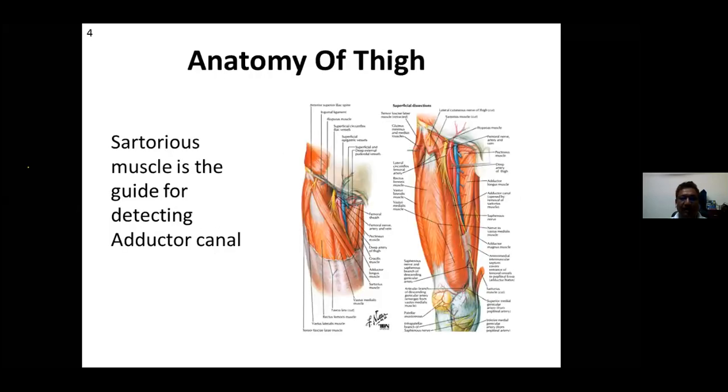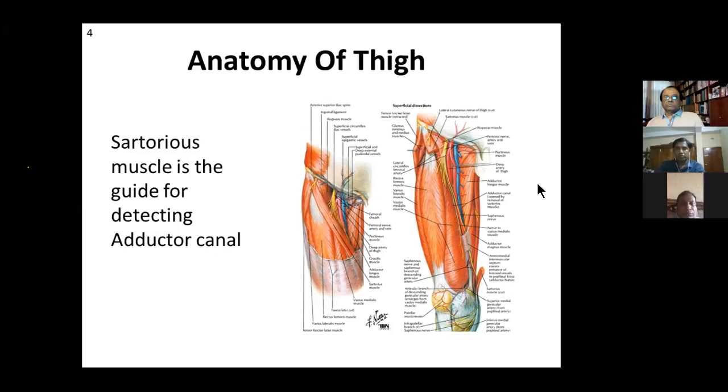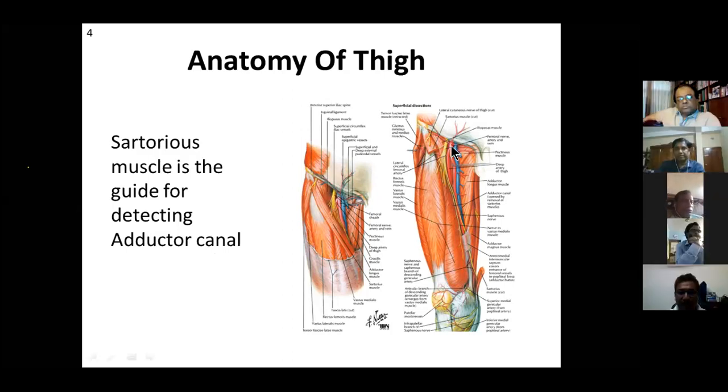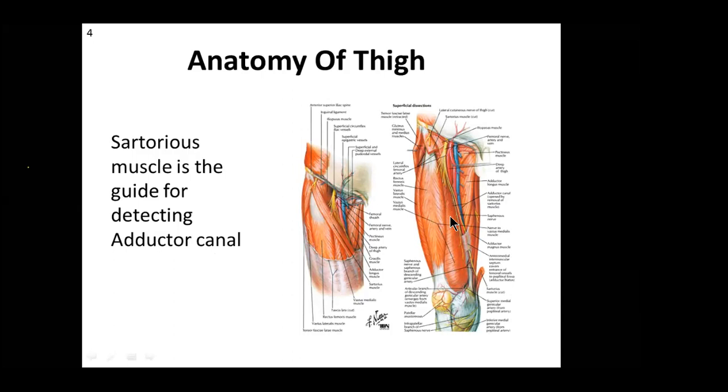This is the anatomy of the thigh. We all are concerned about the anatomy of the lower limb. To know about the safe zone, we have to recapitulate it, starting from the middle of the inguinal ligament. Femoral vessels and nerves run medial to the vastus medialis, under cover of the sartorius.